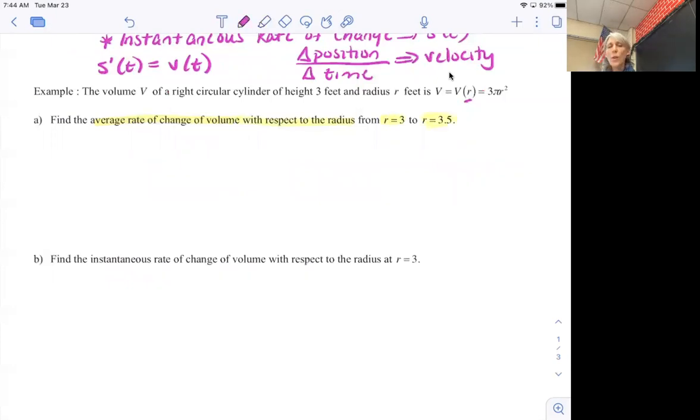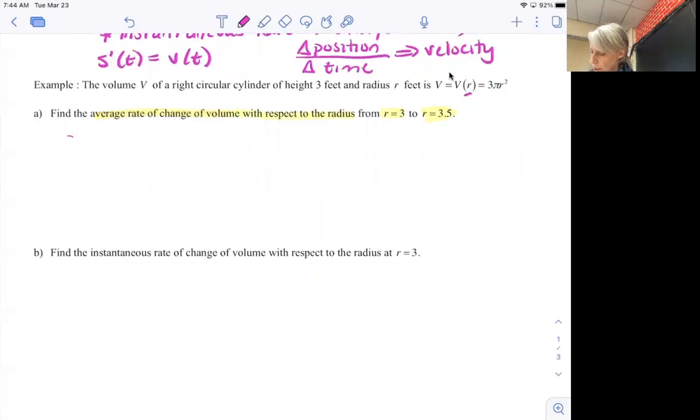Most important thing here, now we're dealing with a cylinder. Usually I put the picture in there for you, and it doesn't even really matter. But the volume of this cylinder is given by this formula, right?